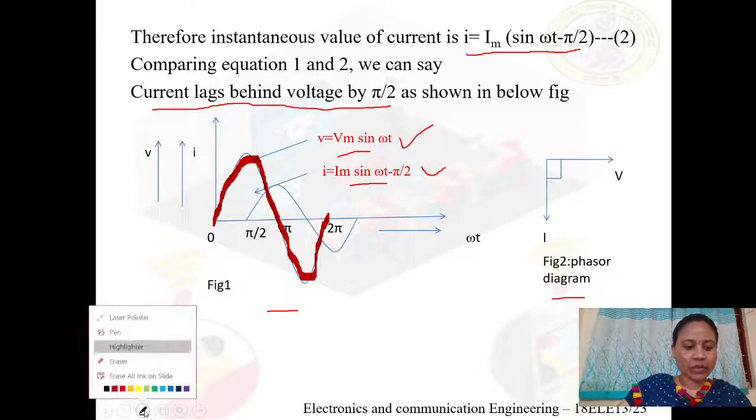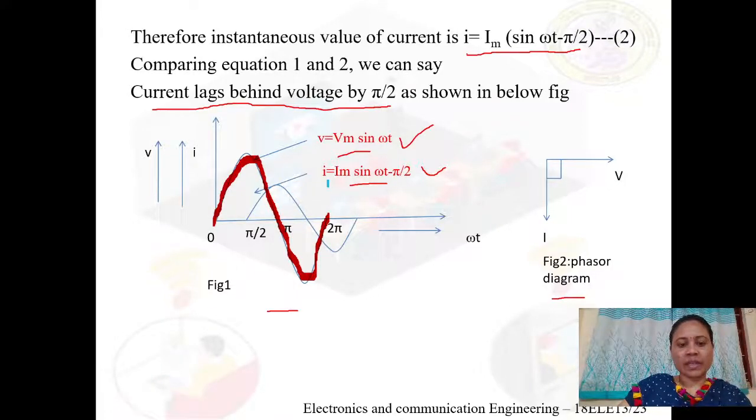And now similarly for the current, it has the phase difference of minus pi by 2, that is it lags the voltage.